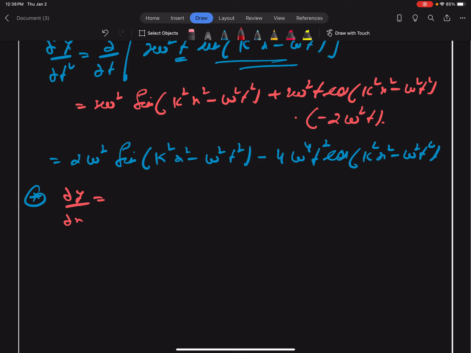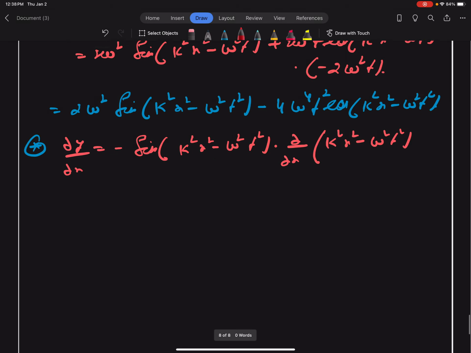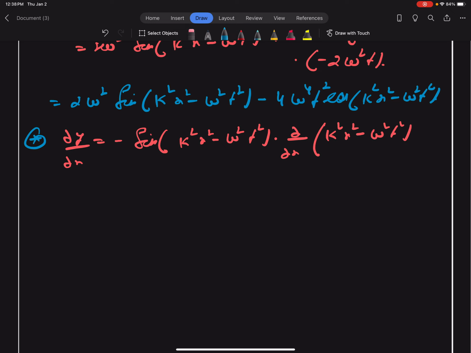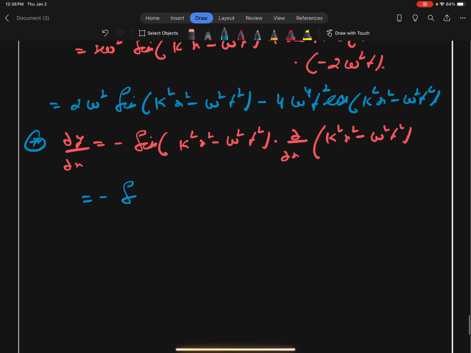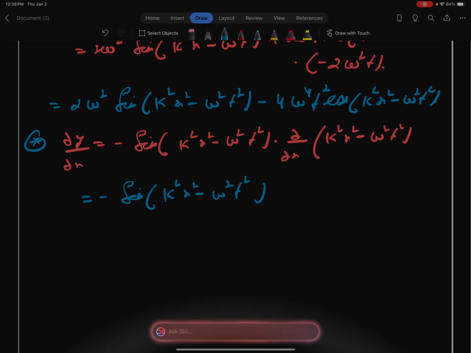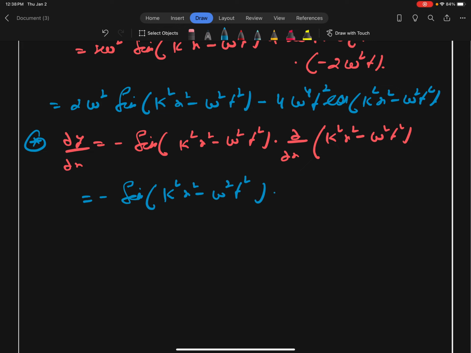Once again, we can write that minus sine of k square x square minus omega square t square, partial derivative with respect to x of the angular function, that is k square x square minus omega square t square, and this will be giving us minus sine of k square x square minus omega square t square multiplied by two k square x square.